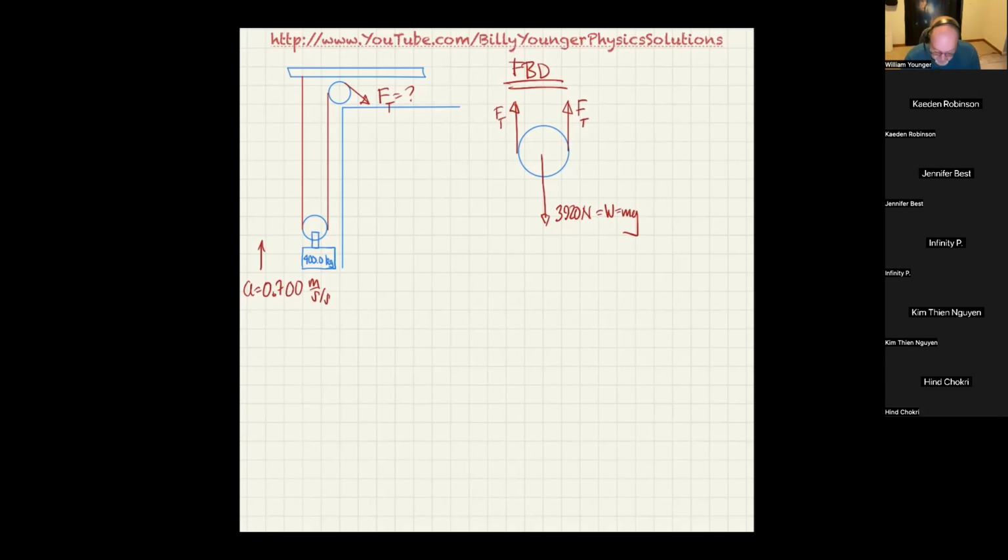Okay. So now I can take the summation of the forces in the y direction is equal to mass times acceleration in the y direction. Again, that's the only acceleration we're dealing with, so I'm not even going to subscript it. I think what you can see is that we have two forces of Ft pointing up, so I'm going to write 2Ft. And yes, this does say the sum of all the forces, but because this W equals mg is in the downward direction, it has a negative component.